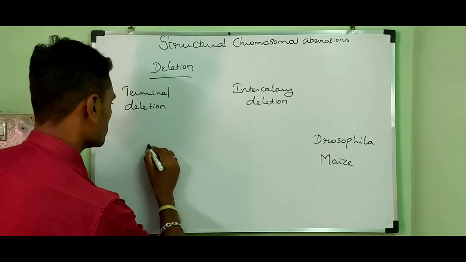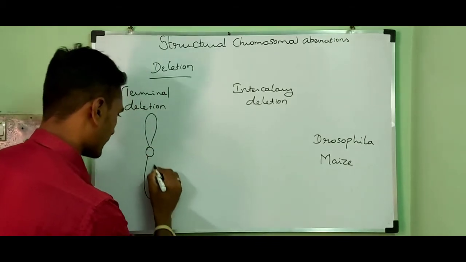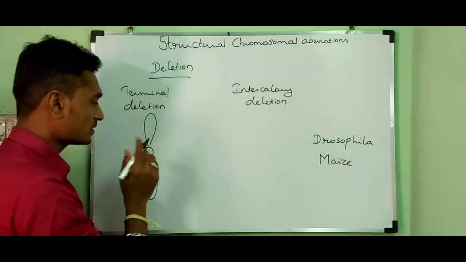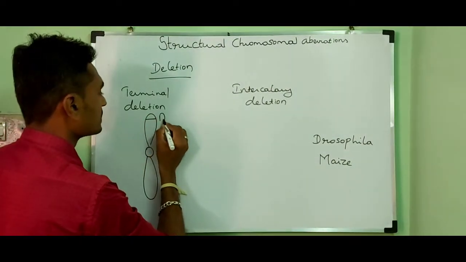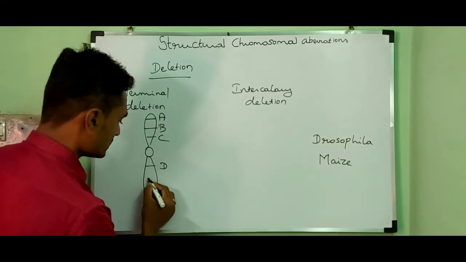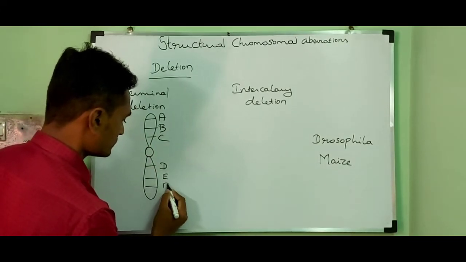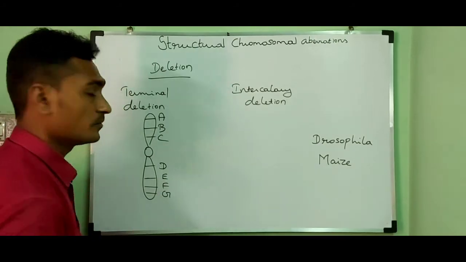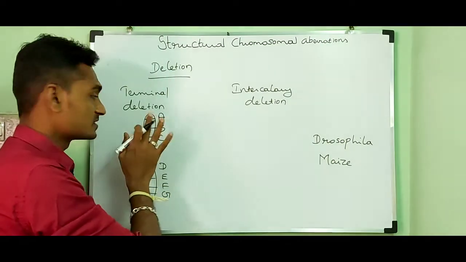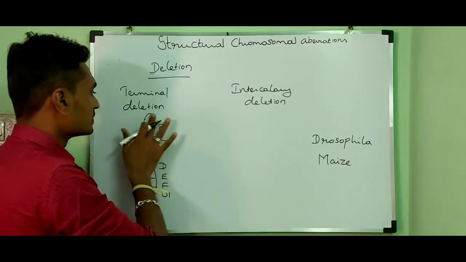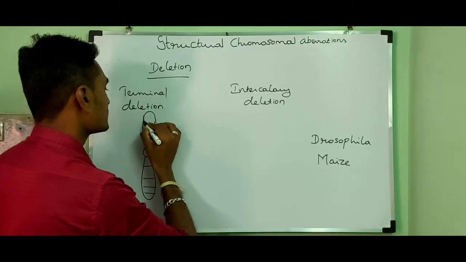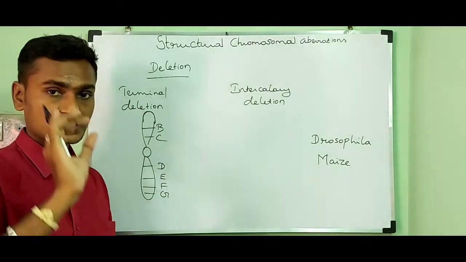For example, this is a chromosome which contains two chromatids, one short and one long, and it contains alleles capital A, capital B, capital C, D, E, F, G. The mutation occurs at the terminal portion, the end of the chromosome, and makes a single break.